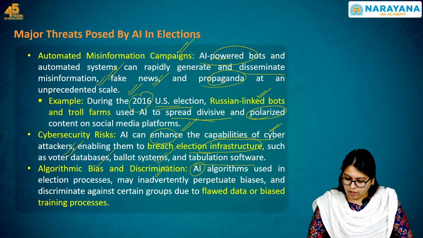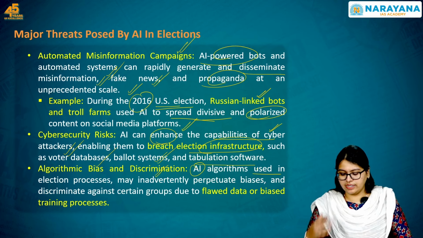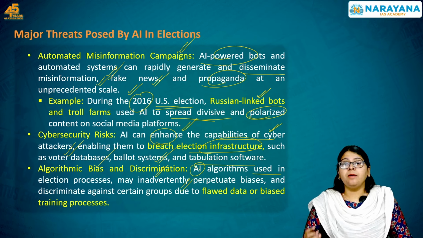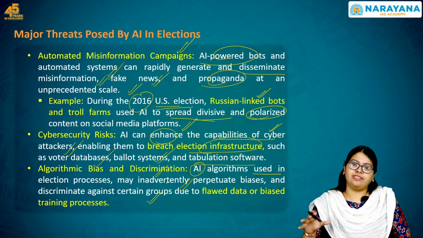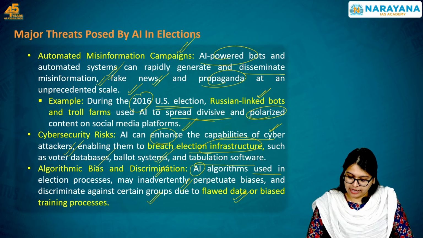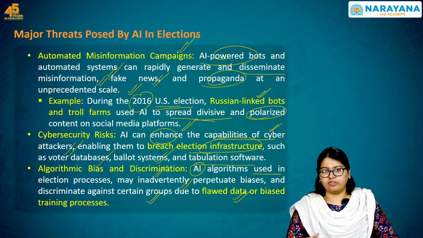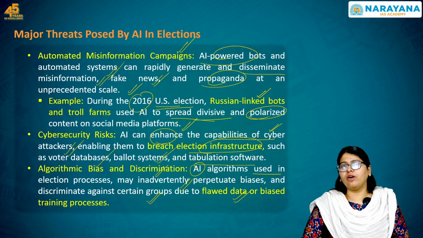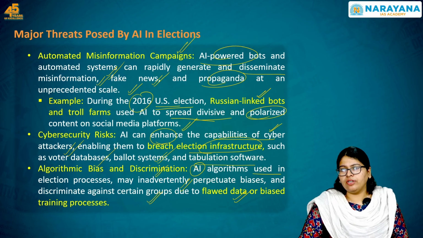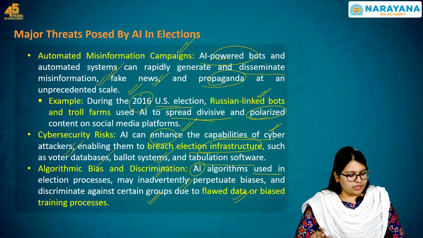That is, AI algorithms used in the election process may inadvertently perpetuate biases and can discriminate against certain groups because of flawed data or a biased training process. That is, these algorithms may be trained in such a way that they spread fake or malinformation about a particular political party or a political person.